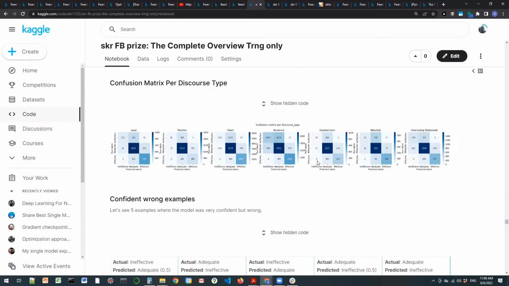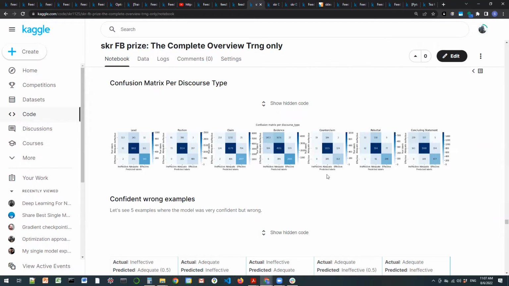So no, yeah, counterclaim almost never predicts ineffective, right? Because for counterclaim, the actual ineffective is 19 and the predicted is 19, but adequate predicted is 184, whereas I think this 184 should be here.